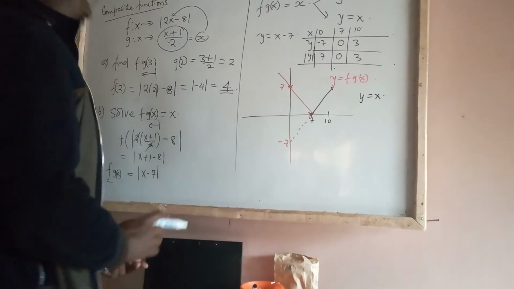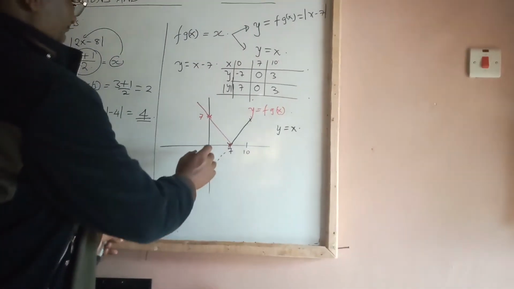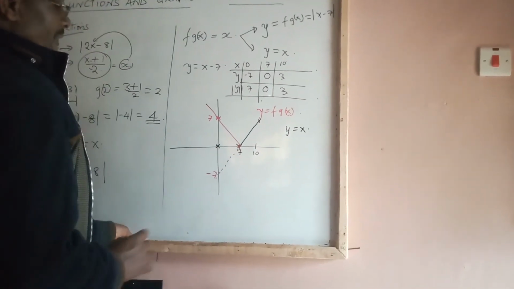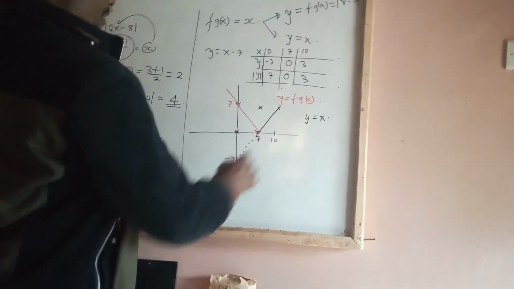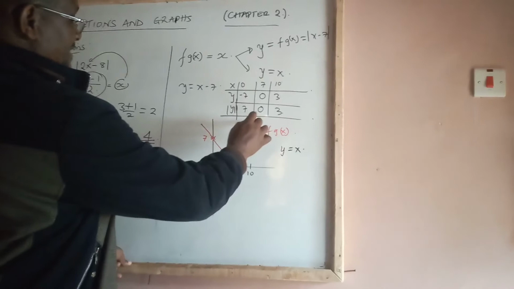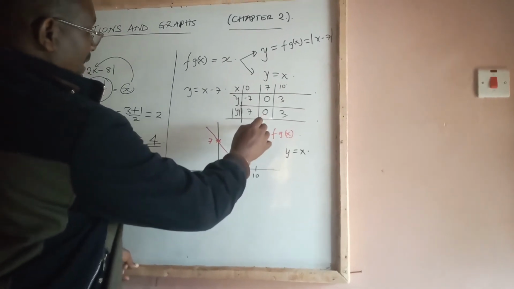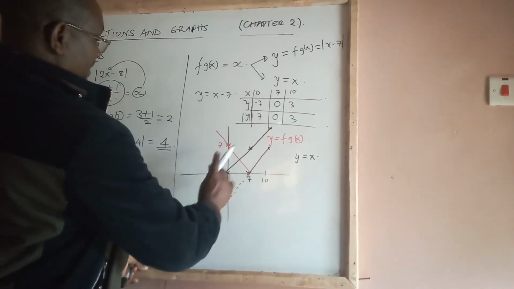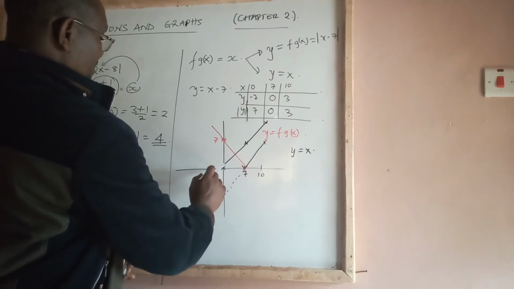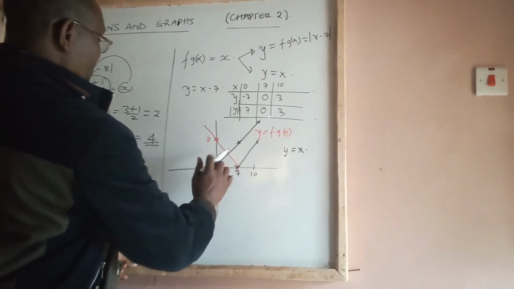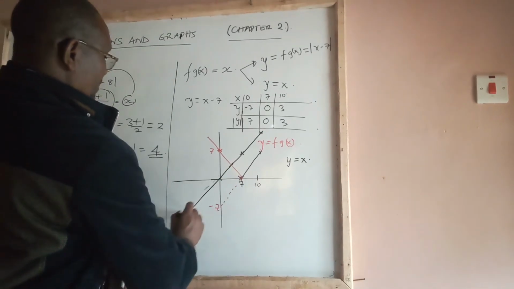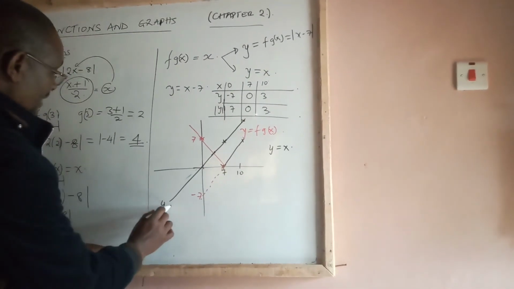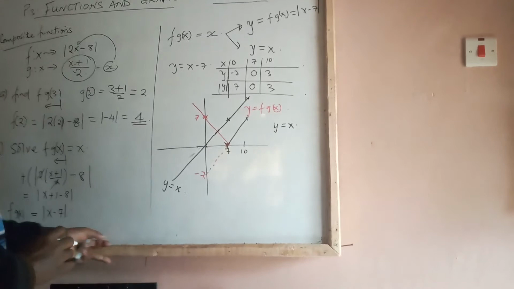And for this graph of y equals x, when x is 0, y is 0. When x is 7, y is 7. When x is 10, y is 10. And we let it pass through the origin. This is y equals x.